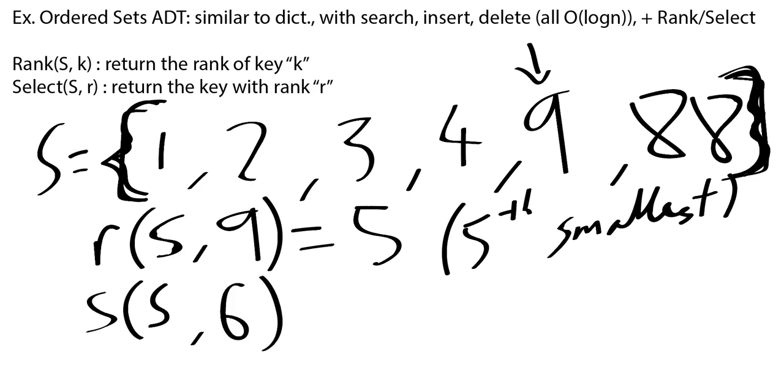So whatever's ranked 6th, that's what we return. What's ranked 6th? 1, 2, 3, 4, 5, 6. It's the 6th smallest item. So the 6th smallest item is 88, right?